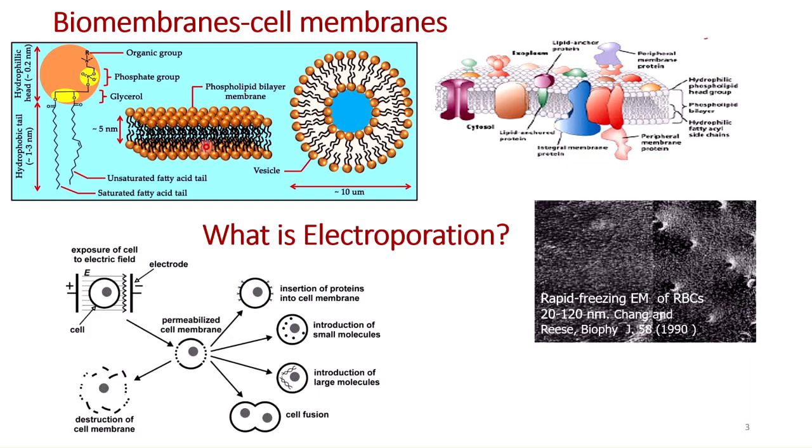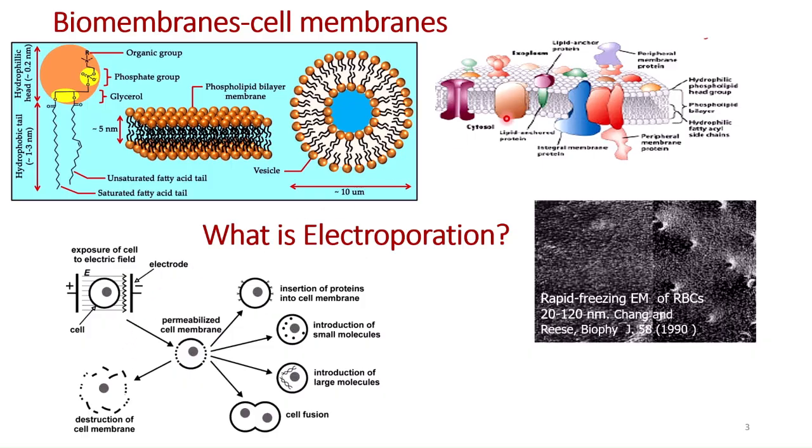So you're talking about DC pulses of the order of around 0.5 to anywhere between 2 kilovolts per centimeter and even higher. And you apply them in terms of pulses, which are of duration of around 100 microseconds to 1 millisecond to 2 milliseconds. So you put the pulse on and then you put it off.